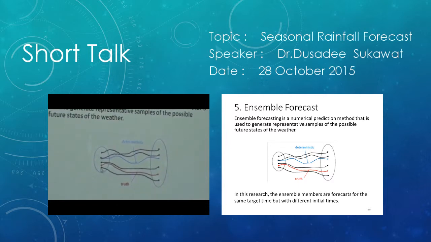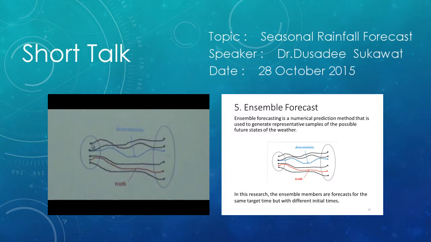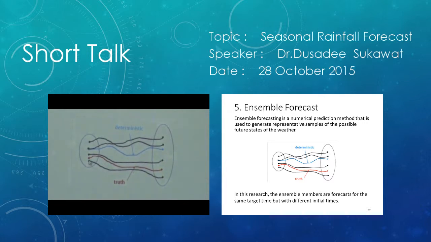So what you observe cannot be the real one. It's just one possible initial condition. If you use this initial condition, you end up with this forecast. If you use this, you end up with this. And you will never know what will be the real one, because in this case, the truth is this one. The truth is not accurately observed, so you cannot get an accurate forecast because your initial condition is already wrong.